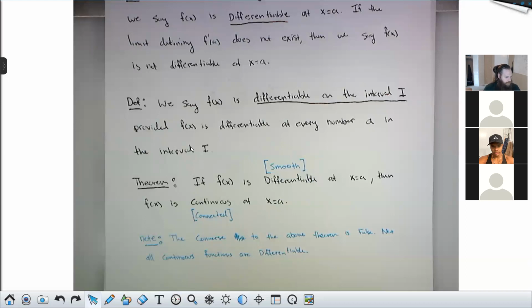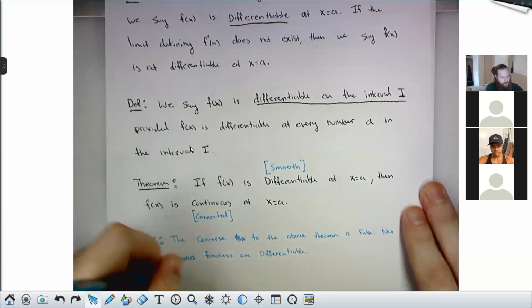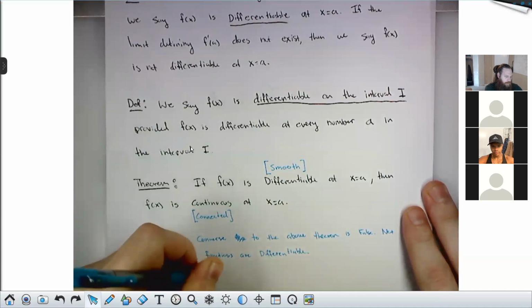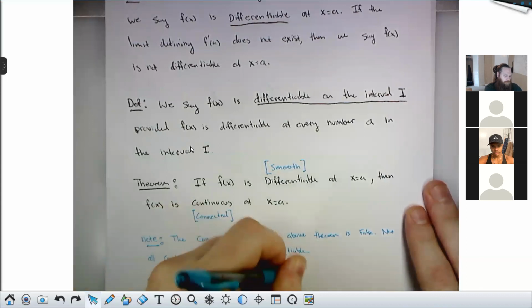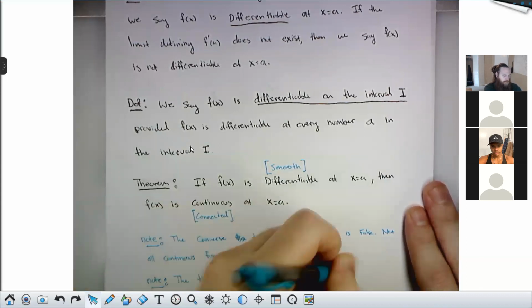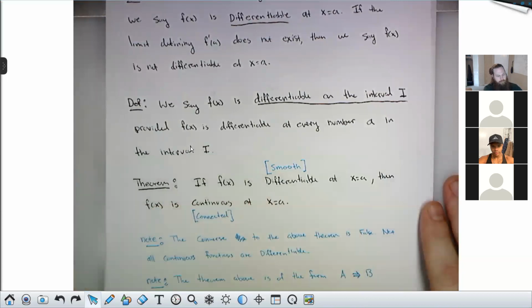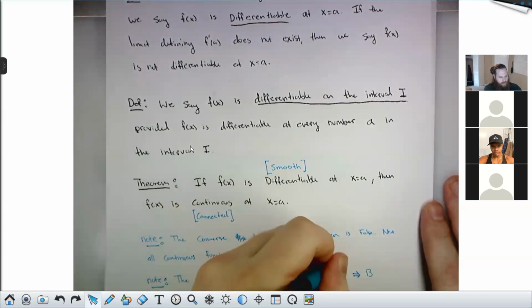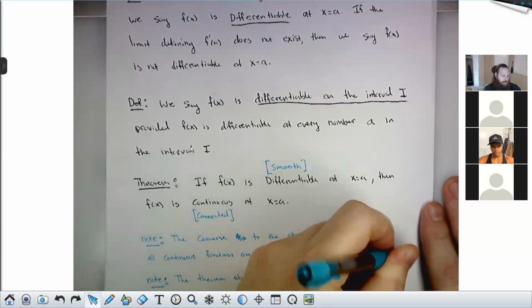Where do we go from here? I want to talk to you a little bit about logic. So the theorem above is of the form A implies B. If you are smooth, then you must be continuous, right?